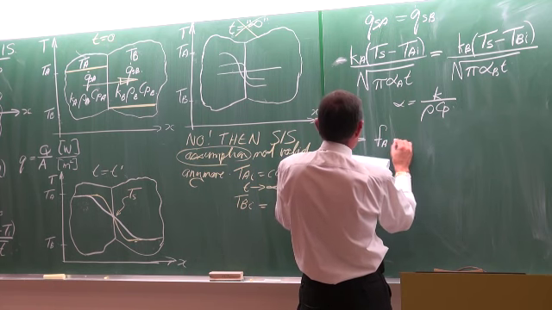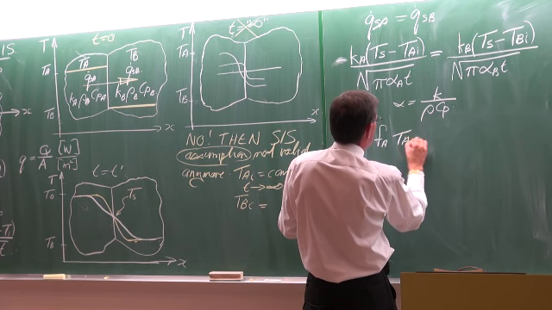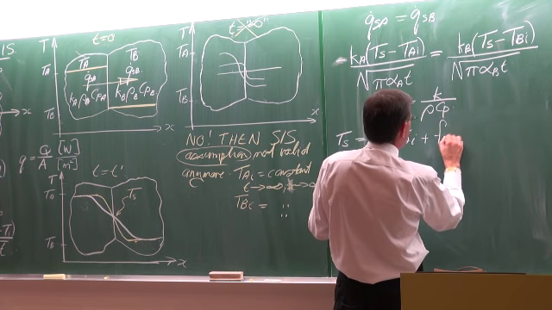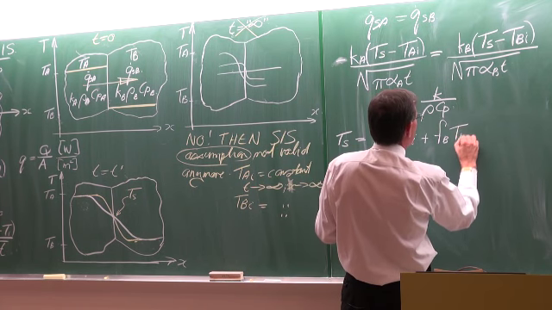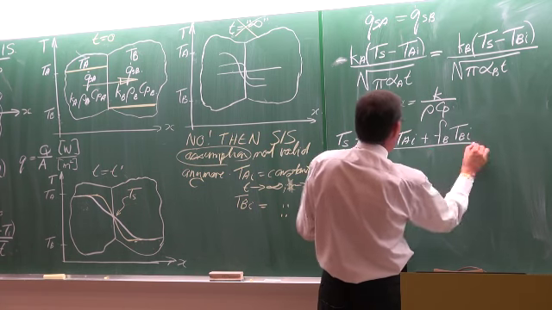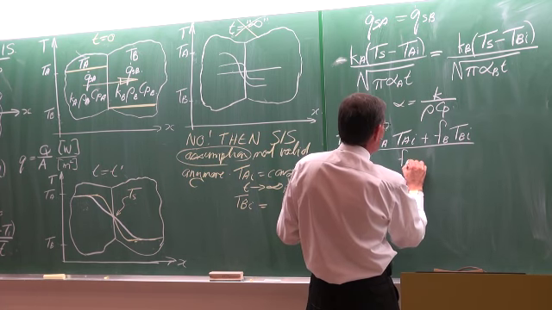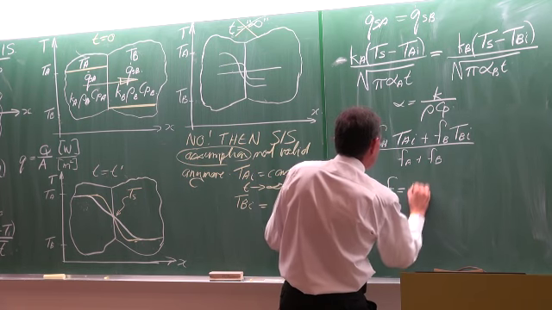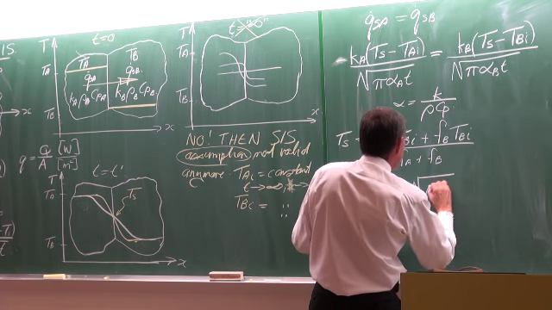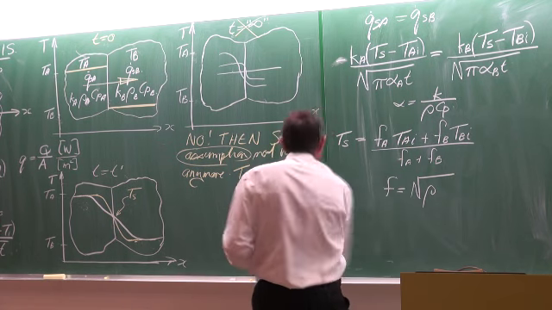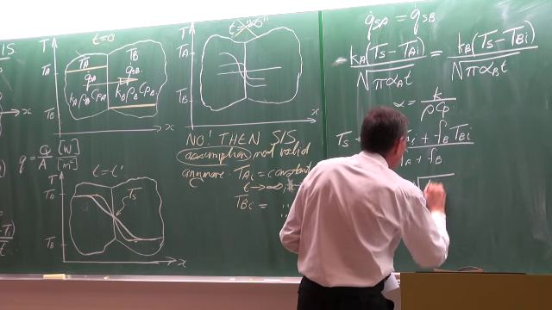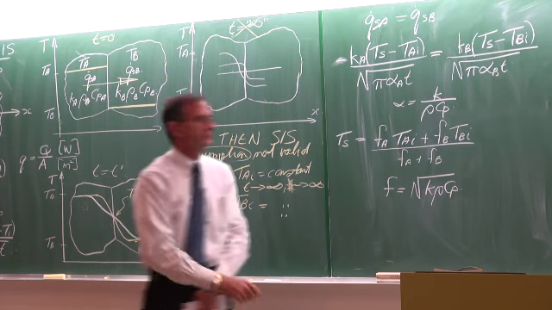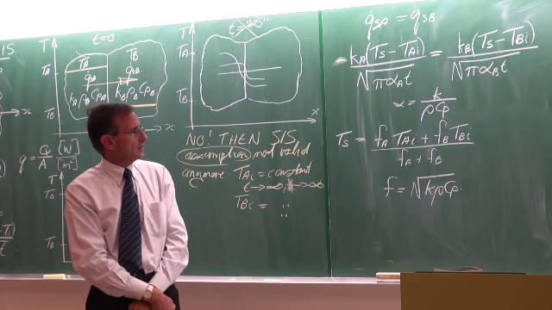So F of A multiplied by the initial temperature of A plus F of B multiplied by the temperature of B, divided by F_A plus F_B, where F is equal to the square root of K multiplied by rho multiplied by Cp.